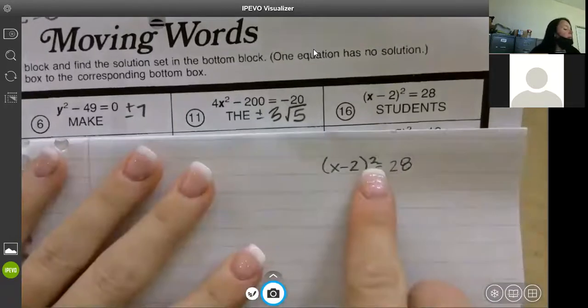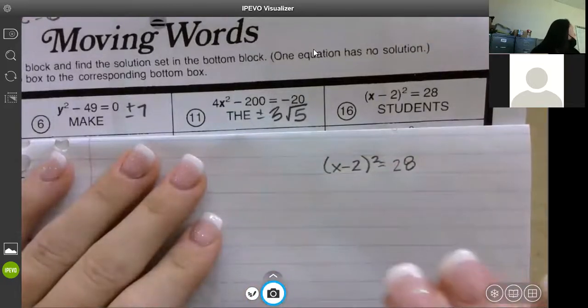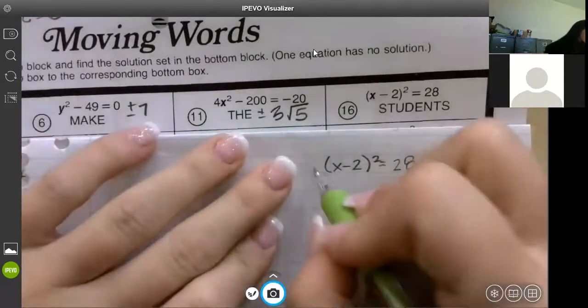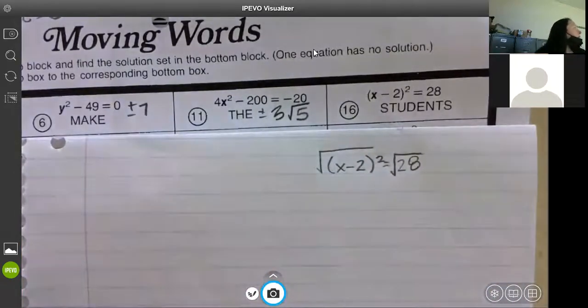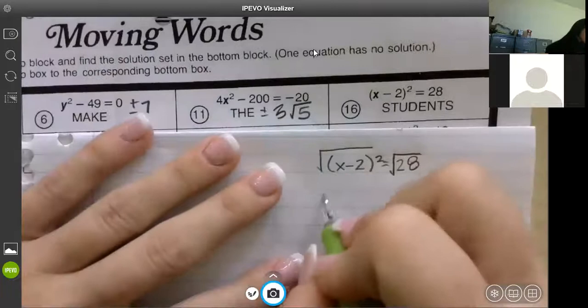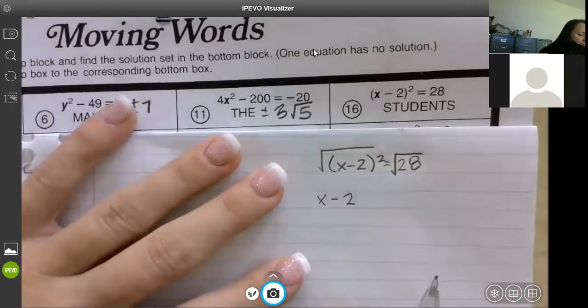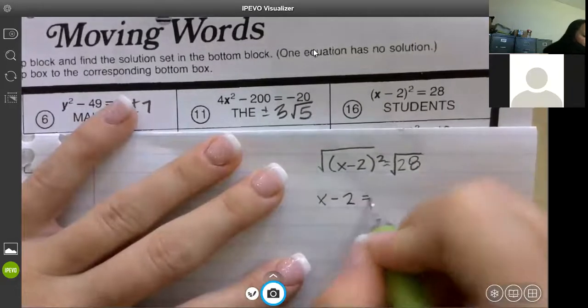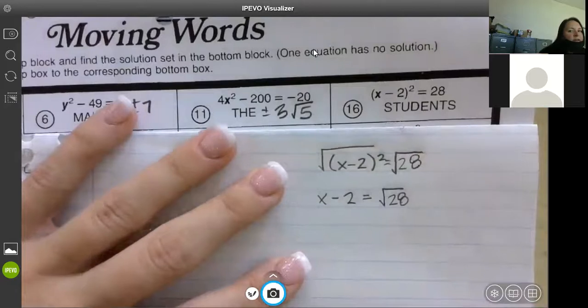On this one, the square is by itself already. There's nothing outside of that set of parentheses. So we're already going to take that square root. So these are the hardest ones on here, okay? They're not bad. They're just harder than the other ones. That just leaves you with x minus 2 equals the square root of 28.